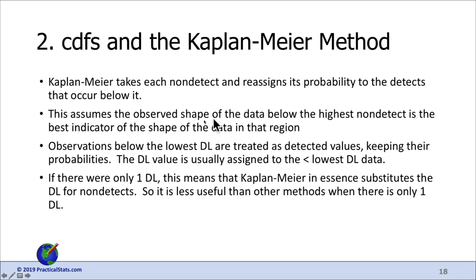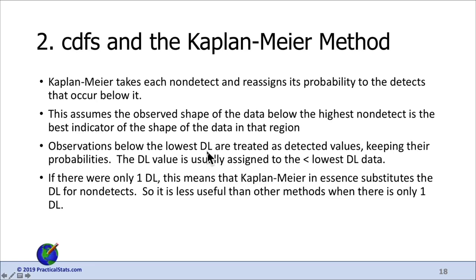So if there are detected values below that 5, then I'm going to assign to each of those detected values a bit of the probability that this less than 5 represented. And once I get down to the lowest detection limit, I'm here assuming that you have the lowest detection limit. Everything below that limit is a less than.